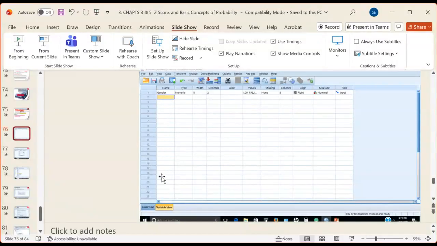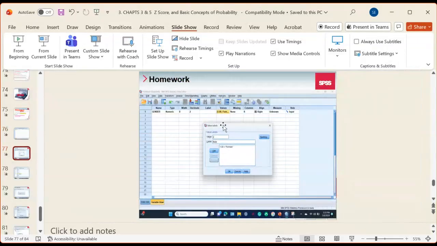Your variable is gender. You name your variable gender, and then you go right there where it says values. If you click on that, a little window opens up. Let me make it larger.